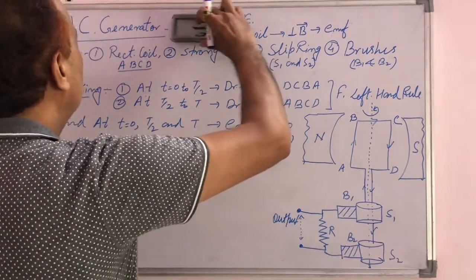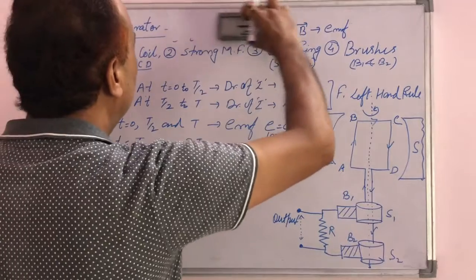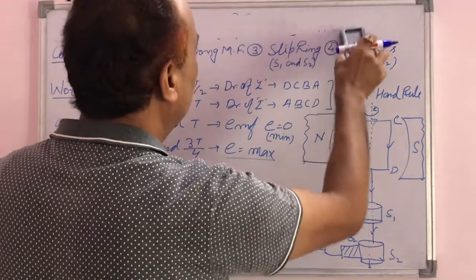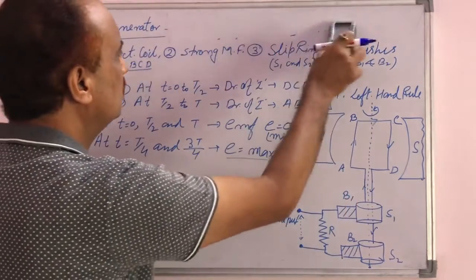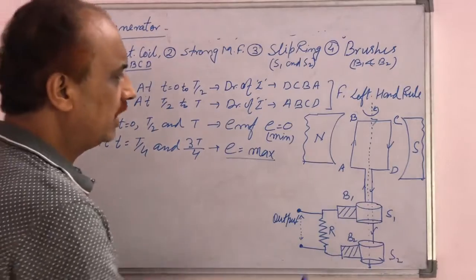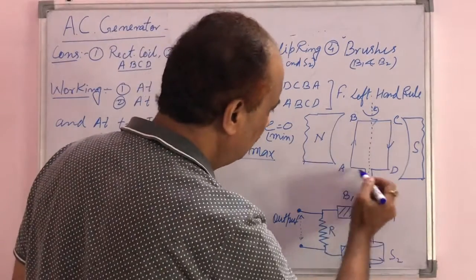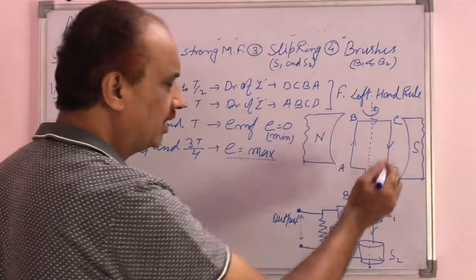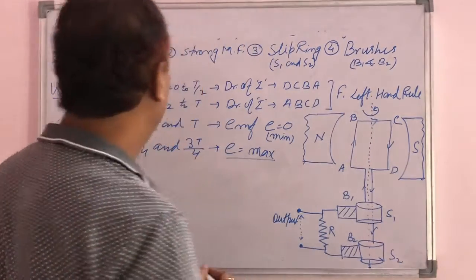Now the next point is, what is the construction of the AC generator? From the construction point of view, there are four major parts of this AC generator. Number one is the rectangular coil ABCD. It has n number of turns of copper wire wound over a soft iron core.